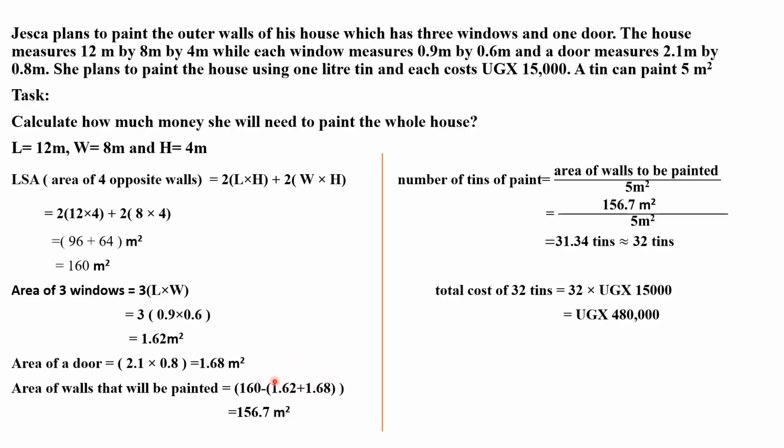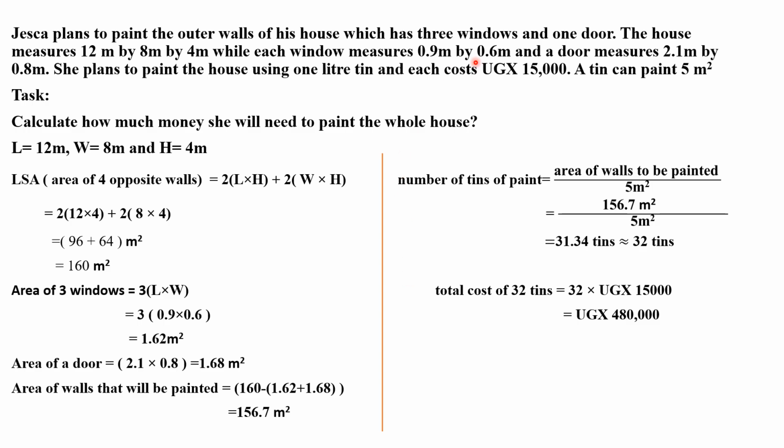Get the surface area to be painted. So here we shall have 160 minus the sum of the area of the windows and the area of the door, and I get 156.7 square meters. And then how will you find the number of tins?